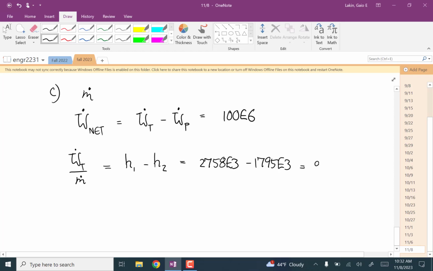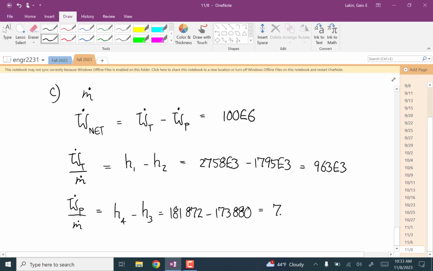And so that's 963 times 10 to the third. And we know that WP dot over M dot is equal to H4 minus H3, which is 181,872 minus 173,880, and that is 7.99 times 10 to the third.